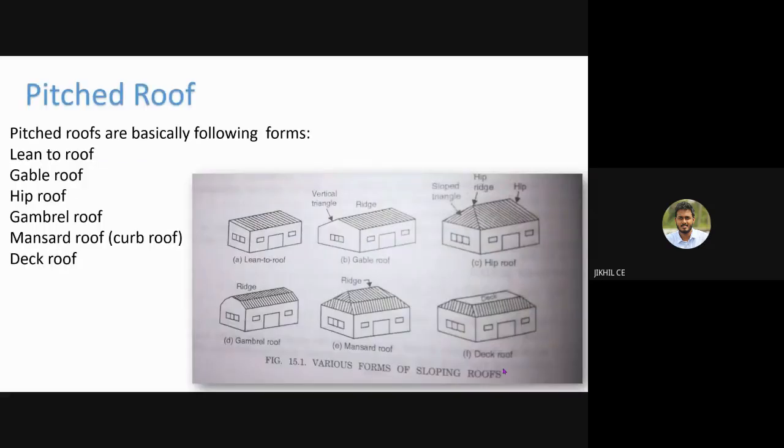We learned about the pitched roof, this inclined roof, and different types of roof: lean-to roof, as the figure indicates, then the gable roof having inclination to both sides, then the hip roof having inclination to all the sides, gambrel roof, mansard roof having change in slope along a single direction, and the deck roof, topmost place flattened.